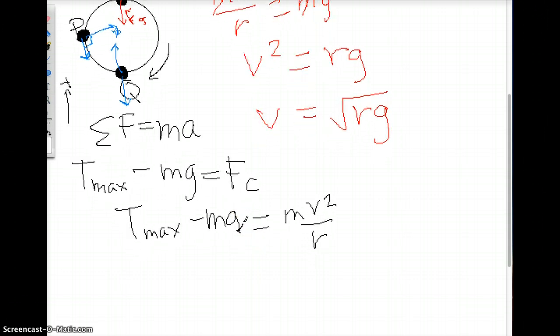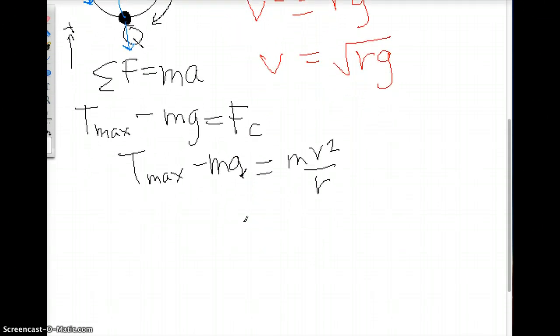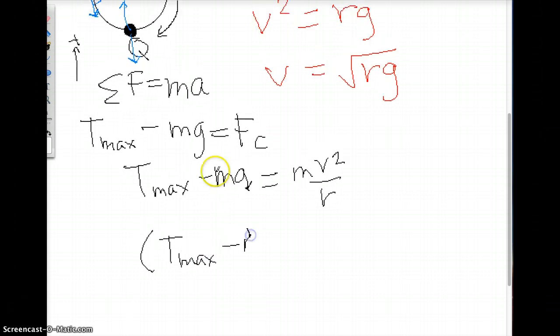We want to solve for the velocity, so I have my expression now, and all that's left to do is solve for v. With a little bit of algebra, I move this m and r over to the side, so first moving the r over. I'm going to put this in parentheses. So then we just have mv squared, and then divide both sides by m.